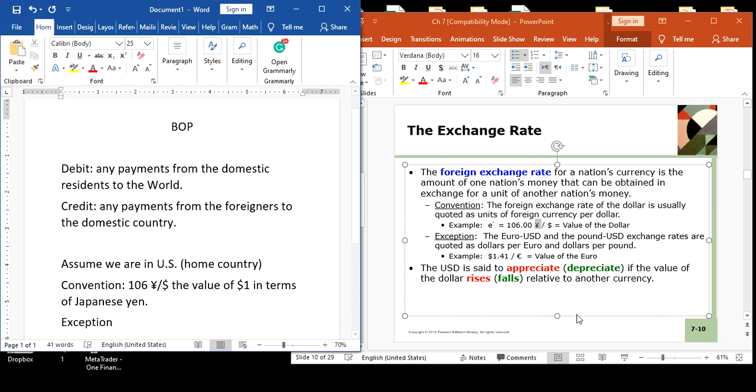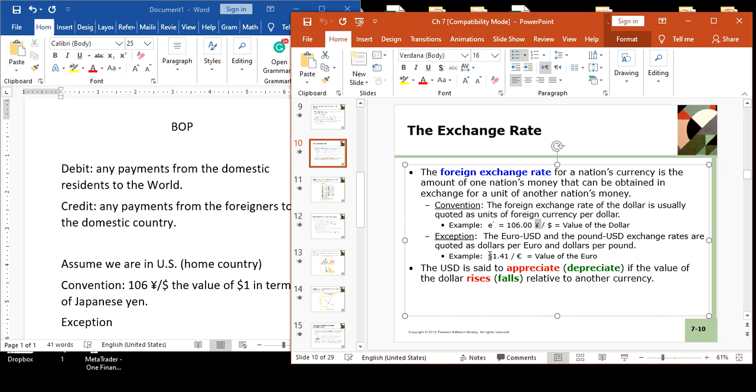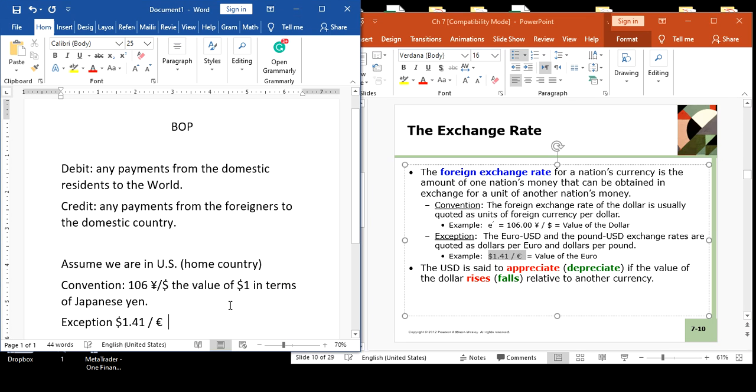Okay, what about the exception? For example, if we have this value now, what do we say here?